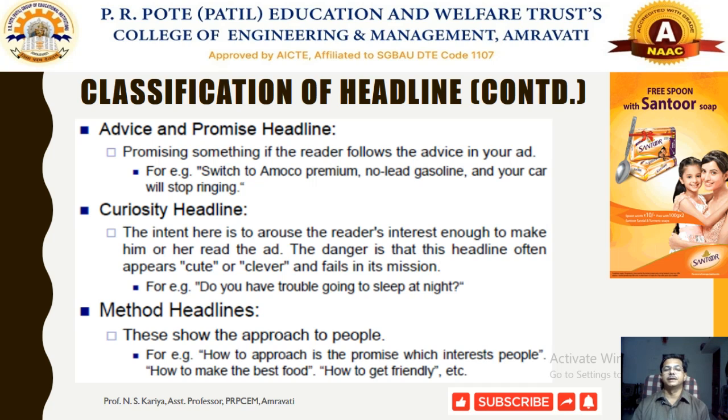How to make the best food. How to get friendly. In this way we can communicate to the targeted group of customers and get them involved in the process of communication by means of this method headline. So these different forms of headlines are being widely used in many of the advertisements.